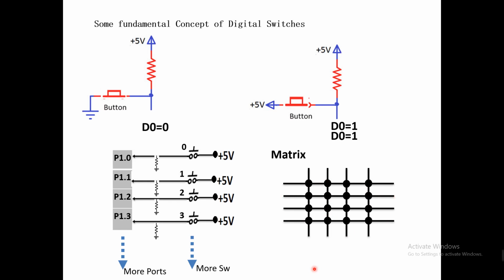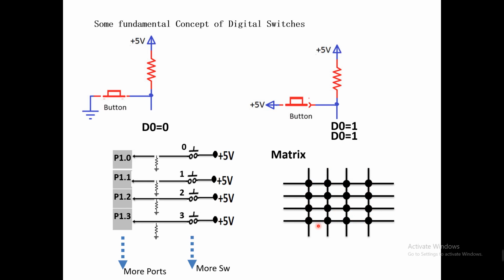Okay, so in this case we used 8 wires, but how many switches can we connect here? If we connect each switch at each junction of this matrix, how many switches can we connect? 1, 2, 3, 4, 5, 6, 7, 8, 9, 10, 11, 12, 13, 14, 15, 16. So we can connect a total of 16 switches.